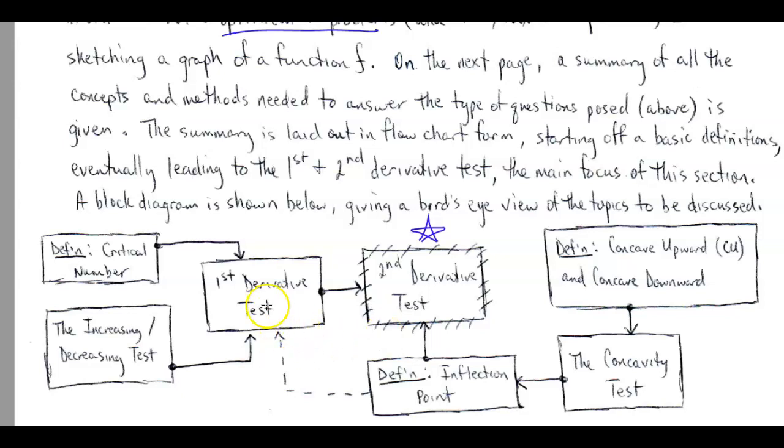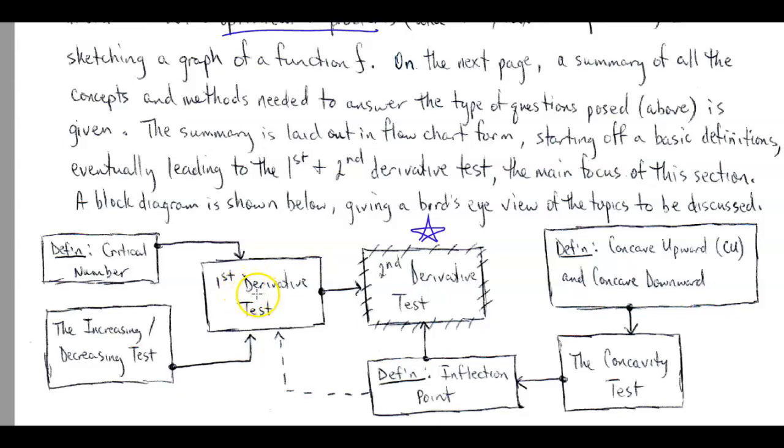Your first derivative test will also tell us if a particular x value is a local min or local max, but it does it by comparing when the function changes from increasing to decreasing or decreasing to increasing. So, two different approaches to the same thing.